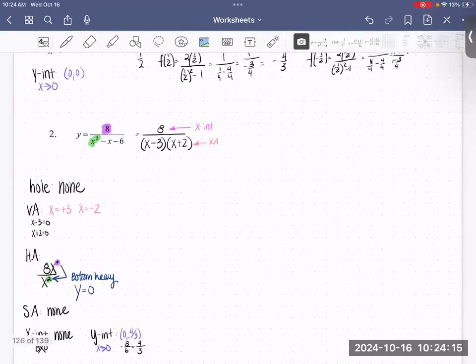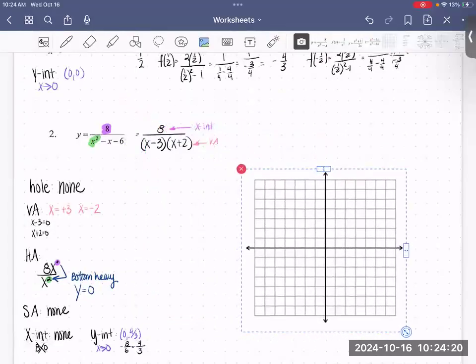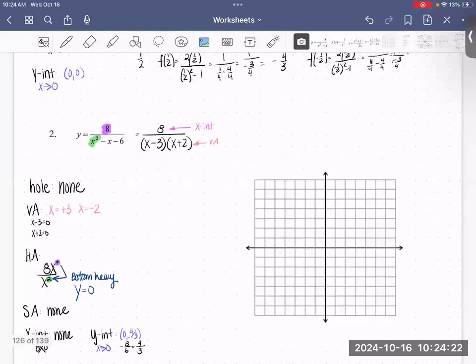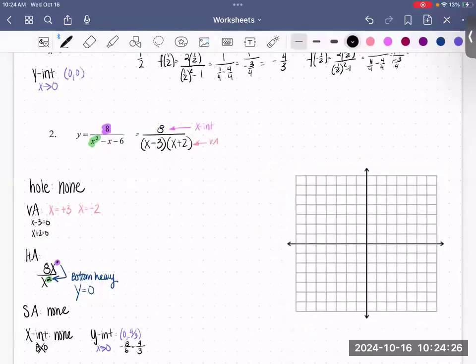Let's go ahead and graph this. All right, so let me move it over just a little bit. We have your horizontal asymptote. We have 2 vertical asymptotes.